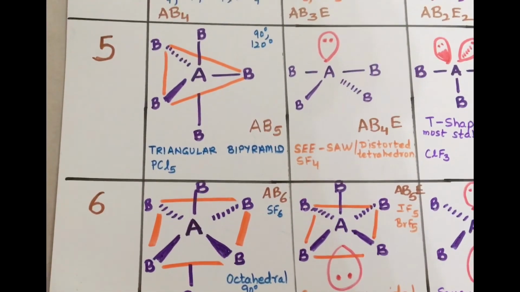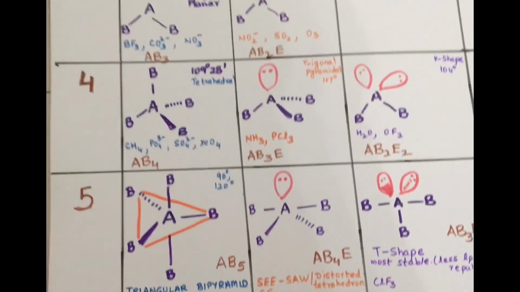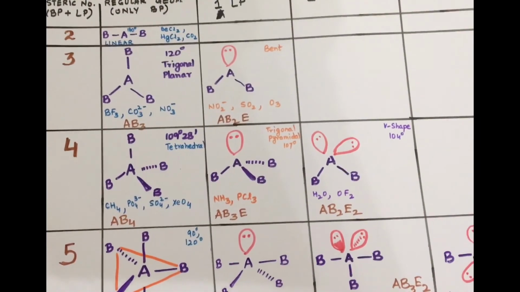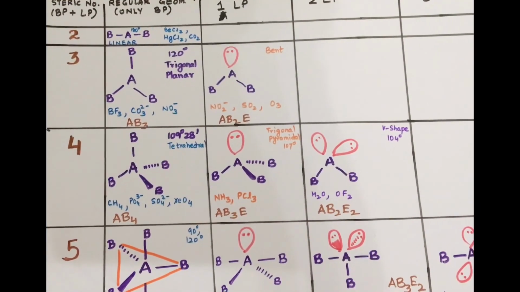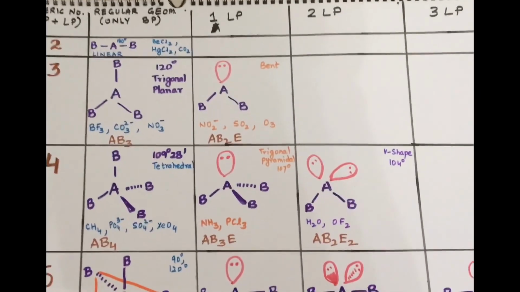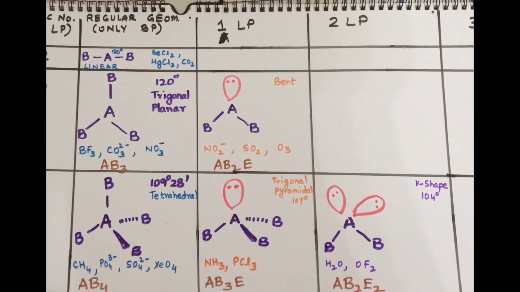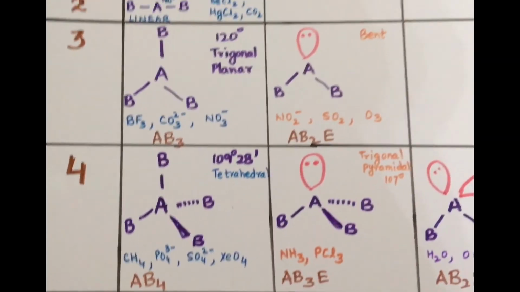By the way, this chart is not exhaustive. You can still add more structures to it. But if you are a student of class 11, 12 or even your graduation first year, this should be sufficient. Now, along with the regular geometry and the distortions, we have given examples as well.